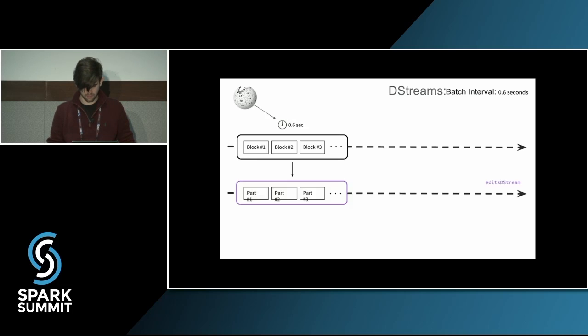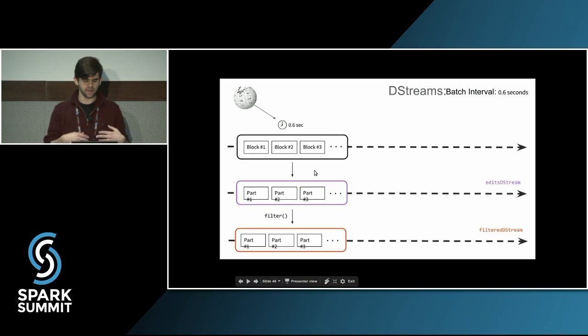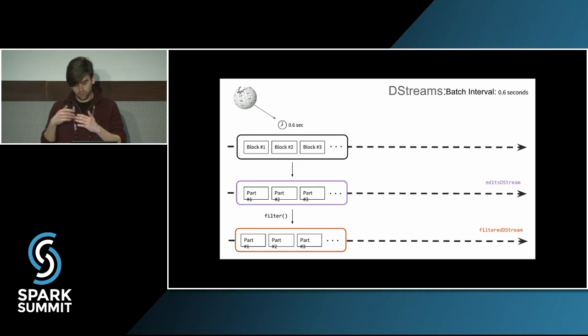Each of our blocks comes in. And then the RDD that was just materialized based on that incoming stream data is then passed to the API, to the end user, as something called a DStream object, which is going to look reasonably similar to an RDD, and we'll take a look at that interface momentarily.